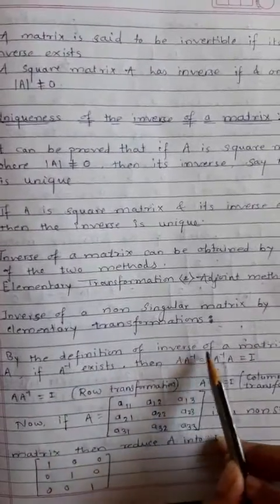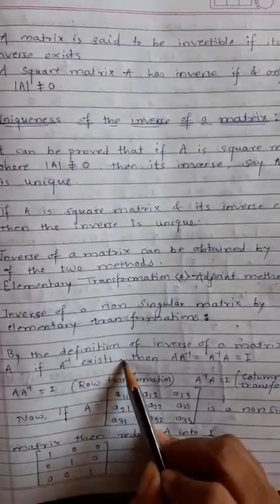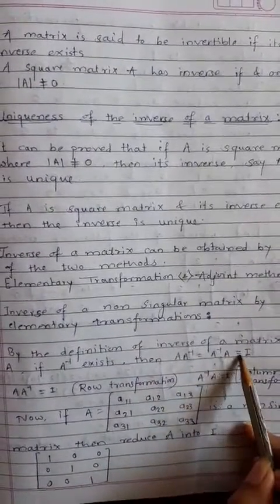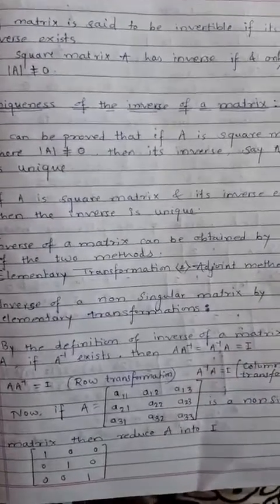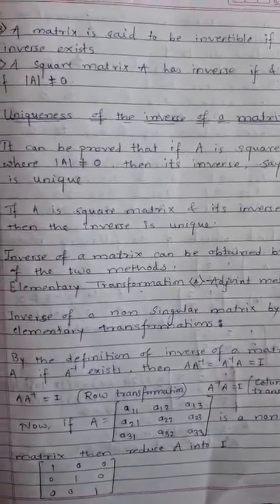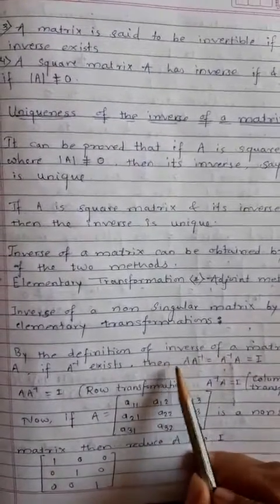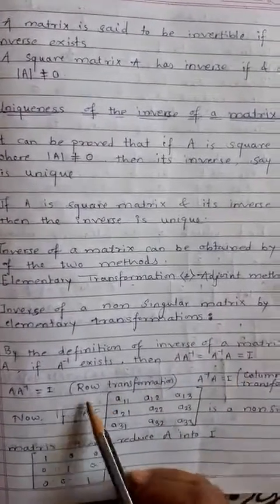By the definition of the inverse of a matrix A, if A inverse exists, then A into A inverse is equal to A inverse into A is equal to I. We have seen this result in the starting only.